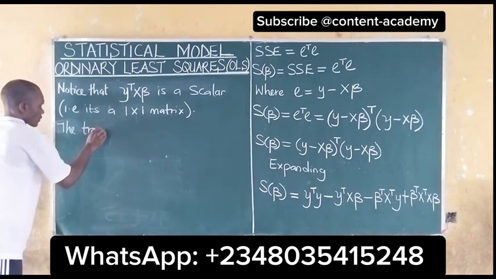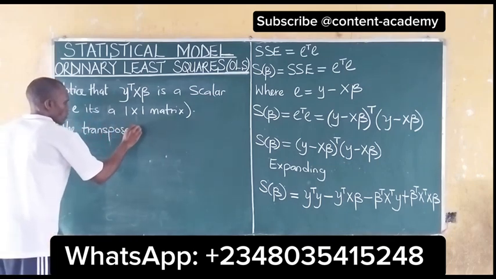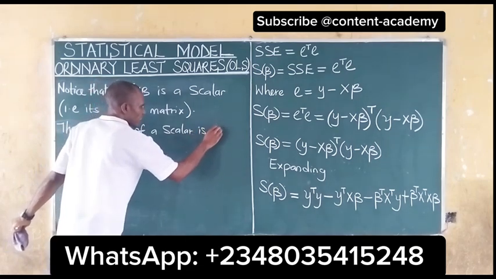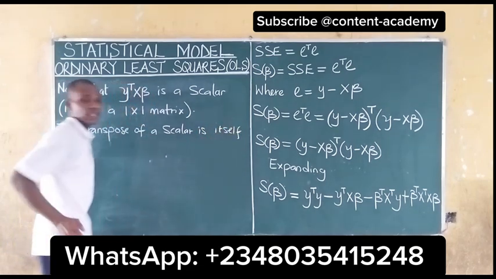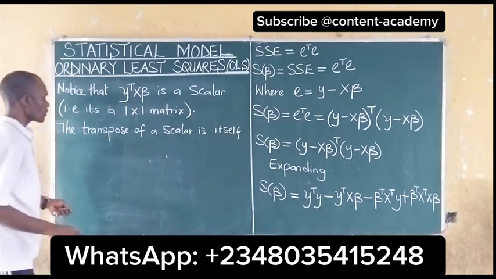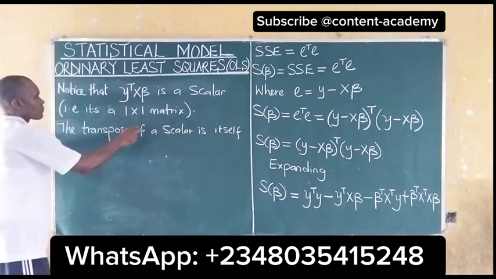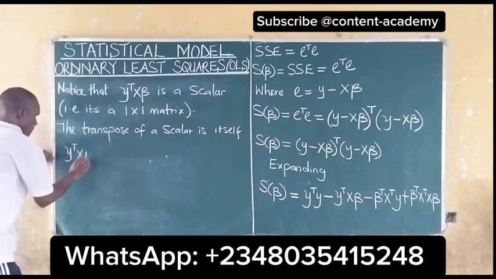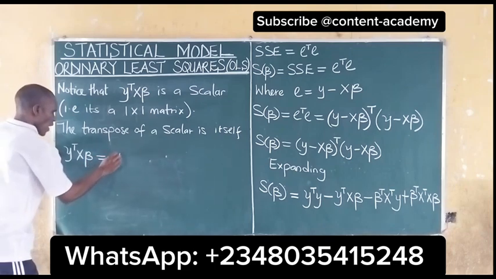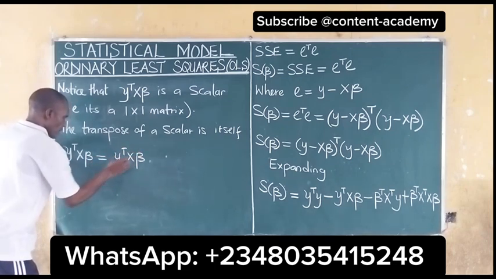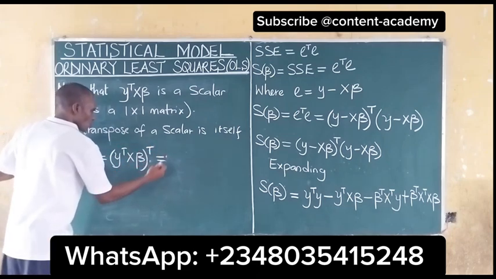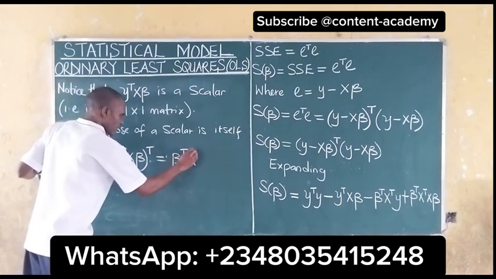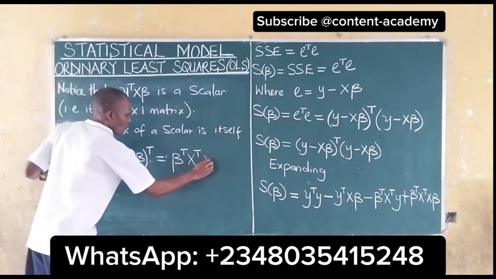But the transpose of a scalar is itself. So since the transpose of a scalar is itself, we have y transpose Xb equal to (y transpose Xb) transpose, which, if you open the bracket, is b transpose X transpose y.